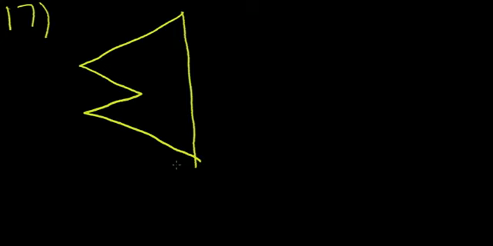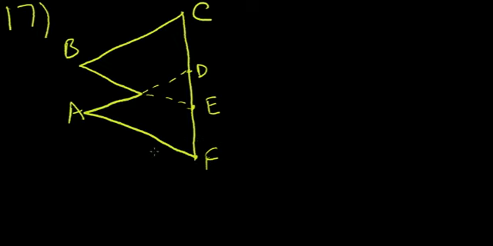Okay, so this is A, this is B, this is C, and there's a point here, this is D. This goes like this, this goes like this, so this is D, this is E, and this is F. Note: figure not drawn to scale.